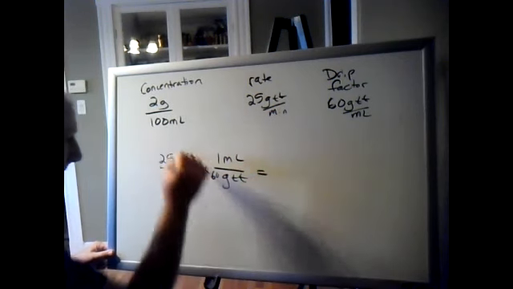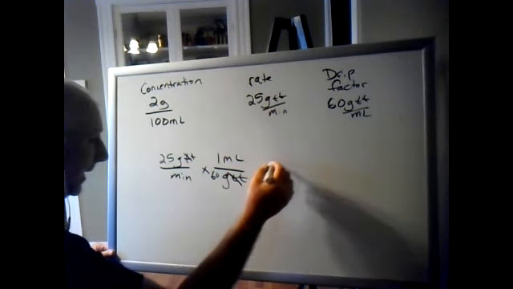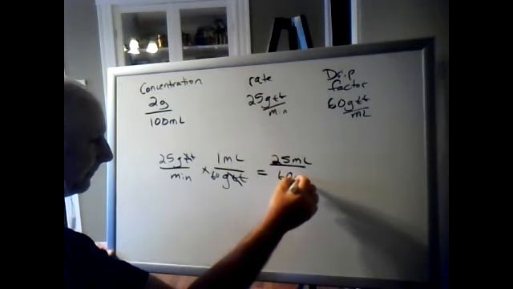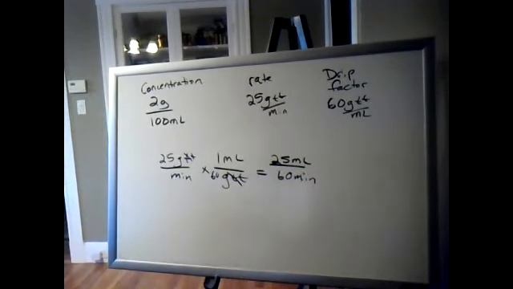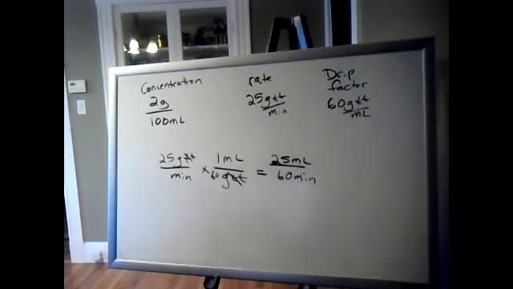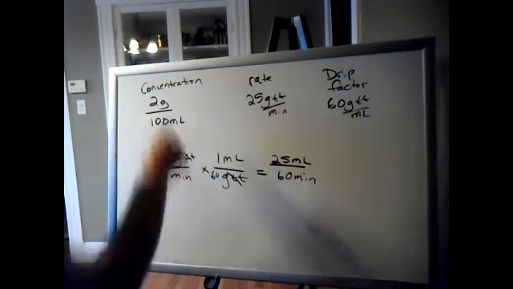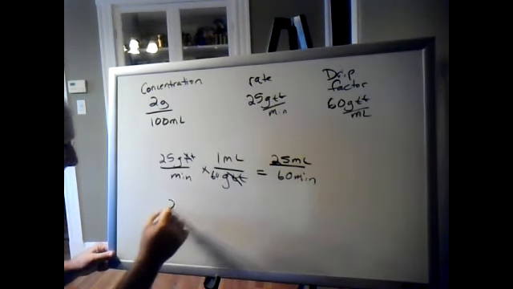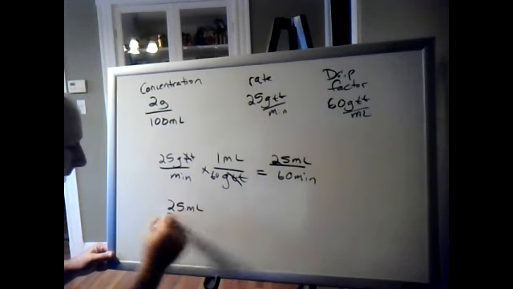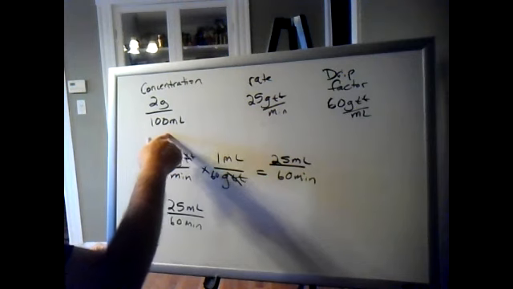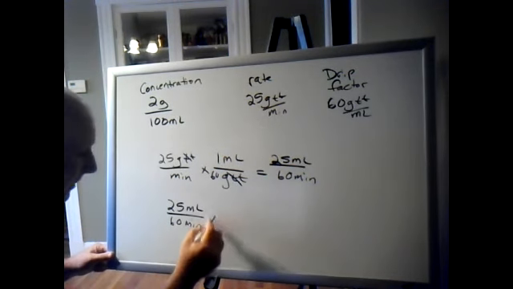This will give us the rate in milliliters, 25 milliliters every 60 minutes. It's a rate, but now it's milliliters to minutes rather than drops per minute. And if you want to know the rate of the actual medication, the amoxicillin, we're going to use this concentration. I can take the 25 milliliters every 60 minutes and divide or multiply by the concentration.